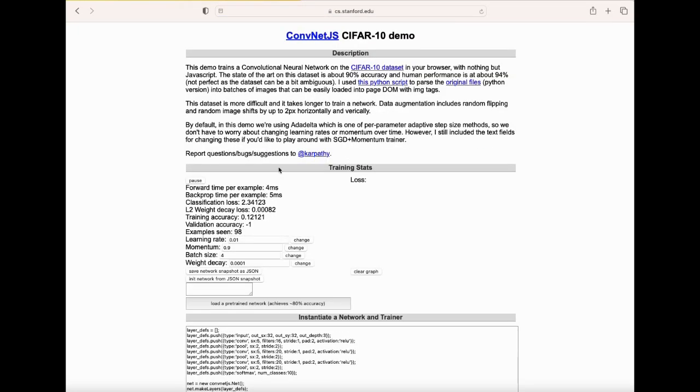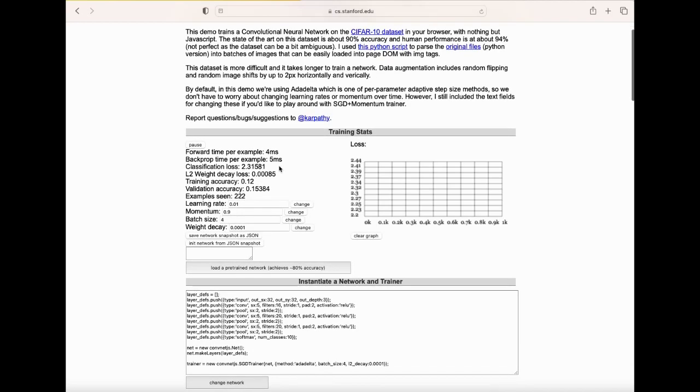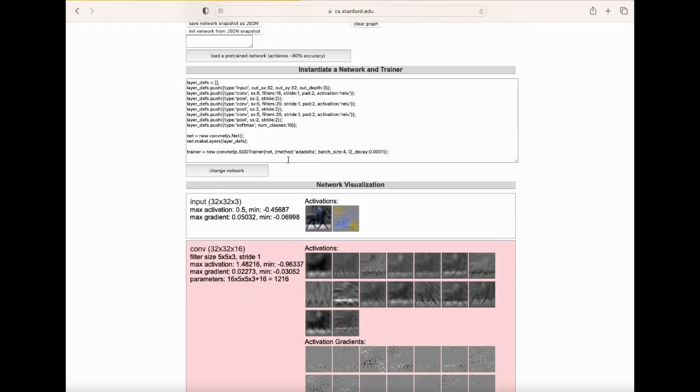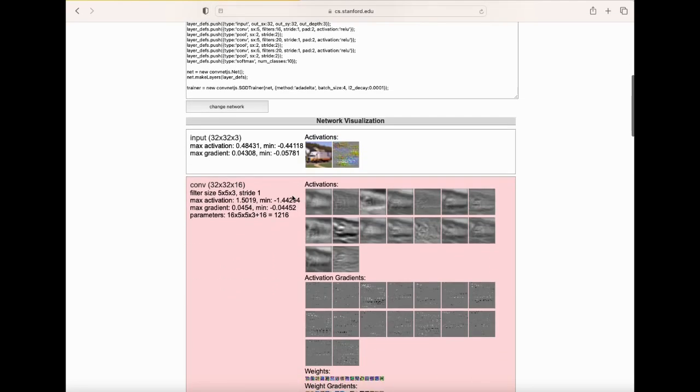What this page shows is how the training model's parameters are changing during the training, and it also shows the layers of this deep learning model.